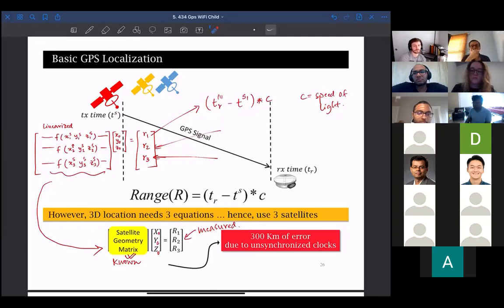No, I mean, what if the mobile phones got the same timestamp from the GPS centers? Oh, that means these GPS centers would have to broadcast the timestamp to everyone. Is that bad? Oh, yeah, I guess that kind of makes sense.